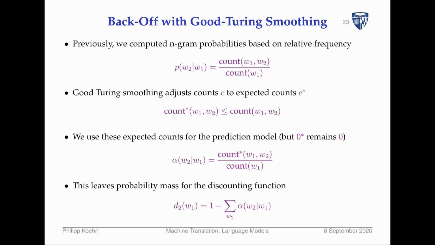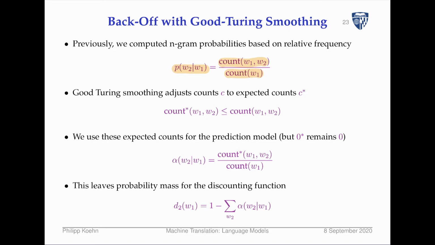Let's combine the idea of back-off with the Good-Turing smoothing that we introduced earlier. So again, we start with the basic idea of how we do conditional probability. We take the count of the word sequence, word 1, word 2, and divide by the count of the history. Here it's just word 1. The counts we usually collect over the data.